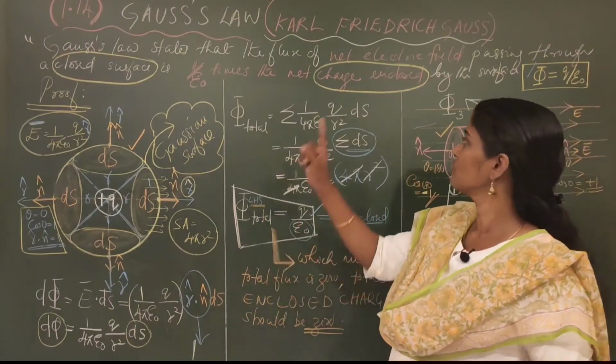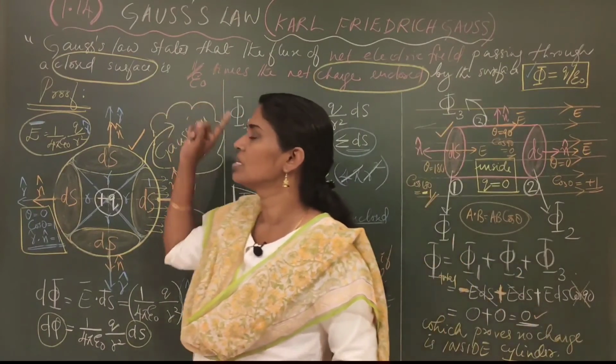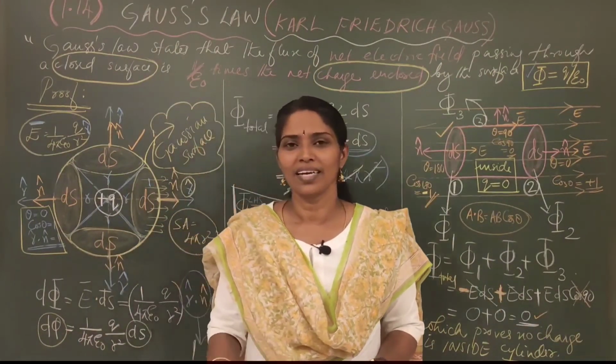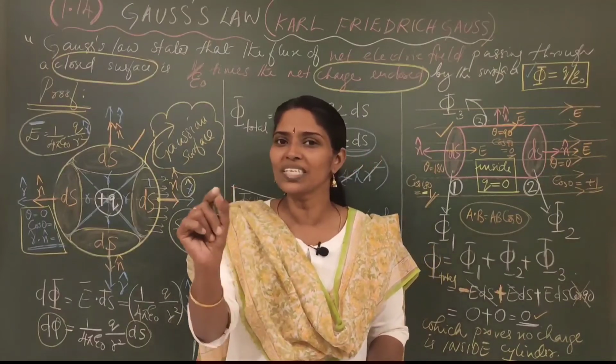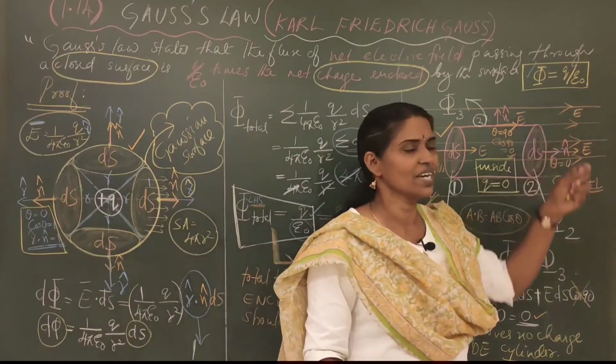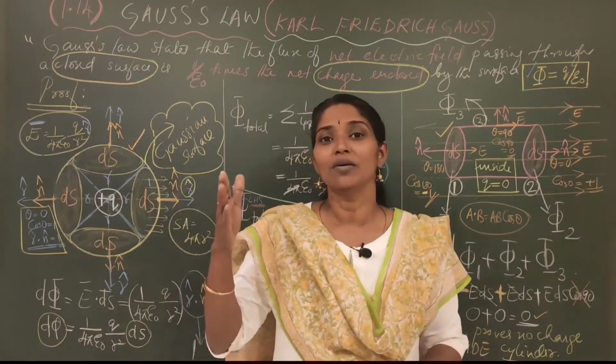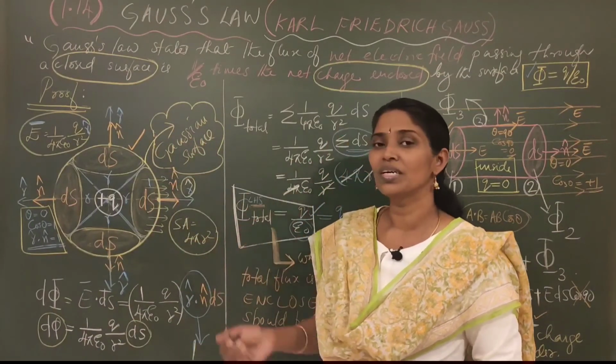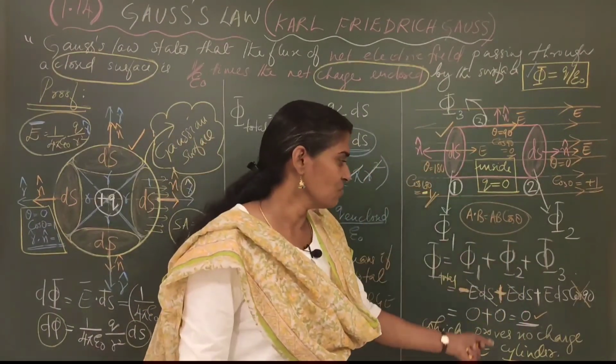The underlying words once again, charge enclosed, closed surface. Clear? So in a single equation, you can write it as phi equal to q by epsilon naught. You prove, this is how you prove. Verify, this is how you verify.